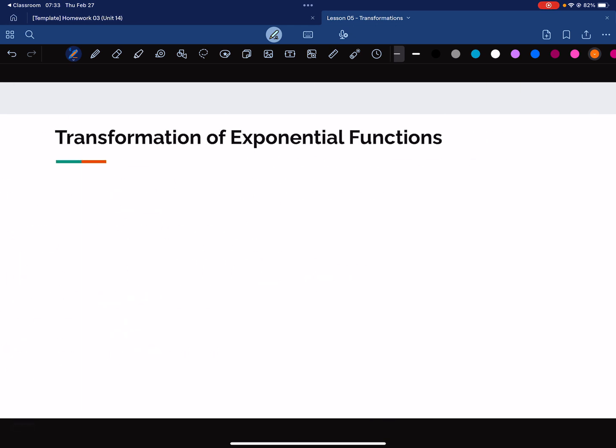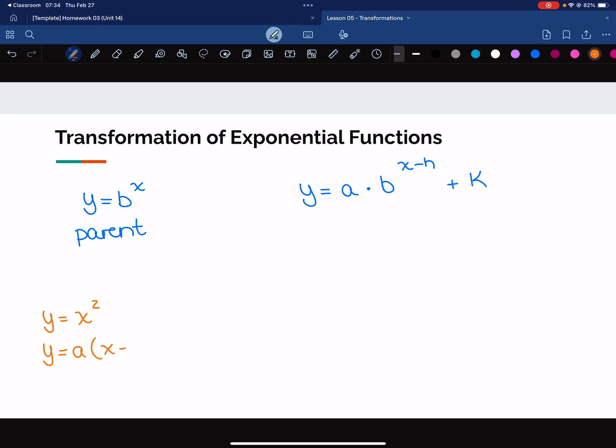So reminder, if my parent function is y equals b to the x, that's my parent. We're looking at transformations where y equals a times b to the x minus h plus k. As a reminder, a sidebar for a quick second: if I think about y equals x squared, it can look like vertex form, and we see all of our transformations in there.